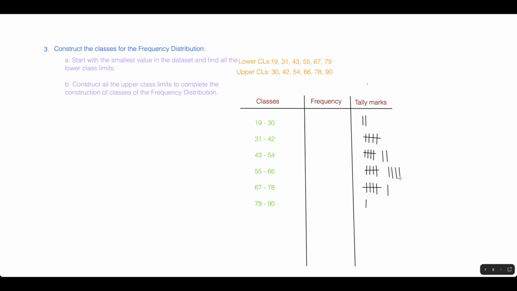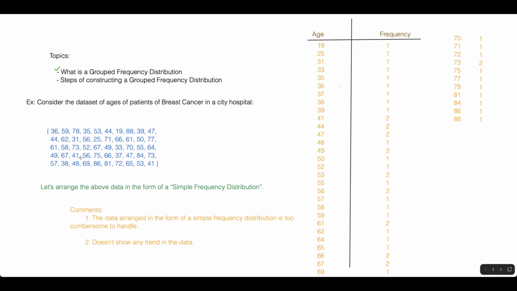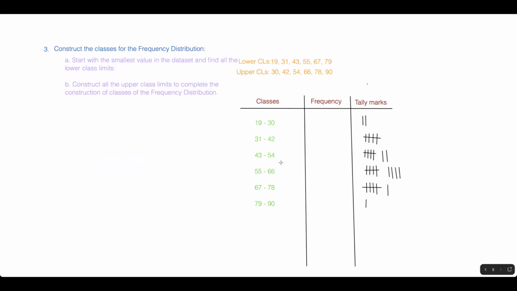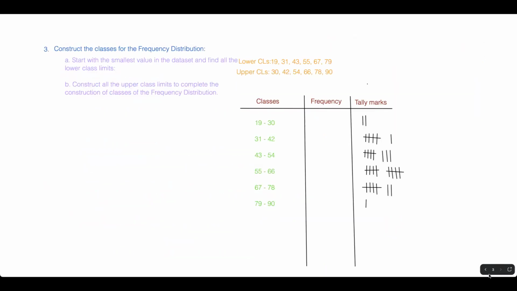And then what? 49, 67, 41, 56. So 49, 67, 41, 56, right? Right.